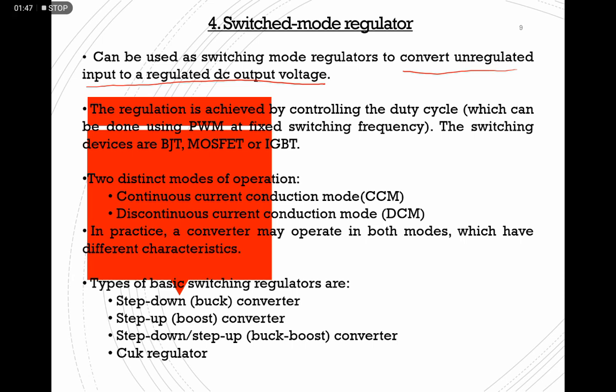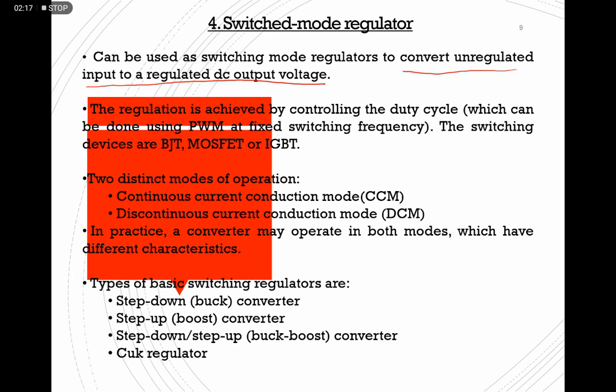For the second, discontinuous current conduction mode or DCM, the current will go to zero and negative, which means that at a certain period of time there will be no current flow within the circuit.